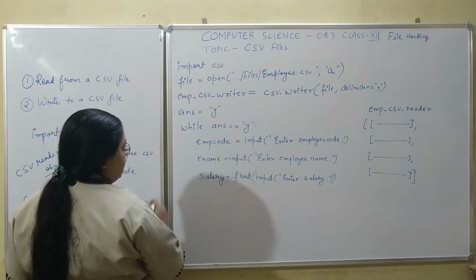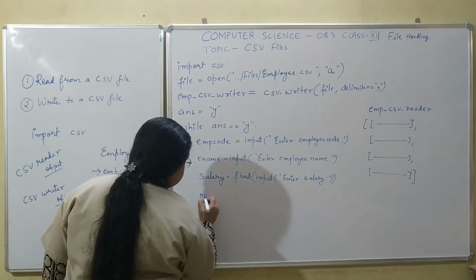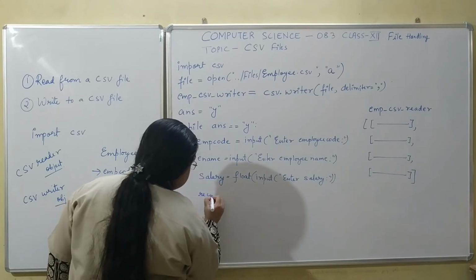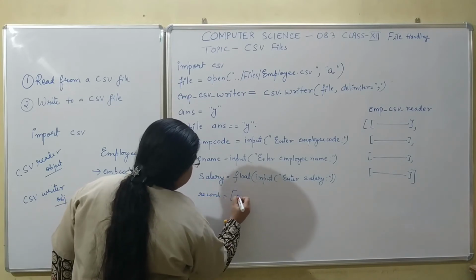So all these things are entered, and now we will create a list object called record and add all these values to it.